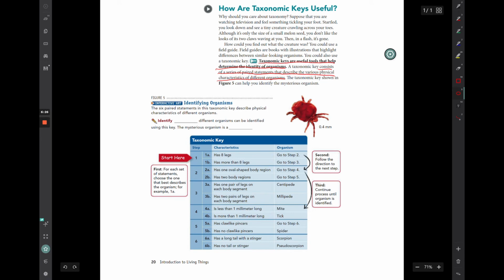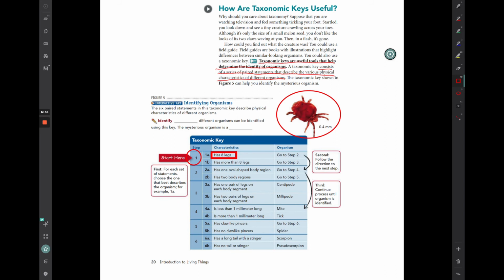So you will start at step one on a taxonomic key, and you will read your two choices. Let's say that we are looking at this organism. We start at step number one, and we read our choices. Does it have 8 legs? 1, 2, 3, 4, 5, 6, 7, 8. I believe it has 8 legs.